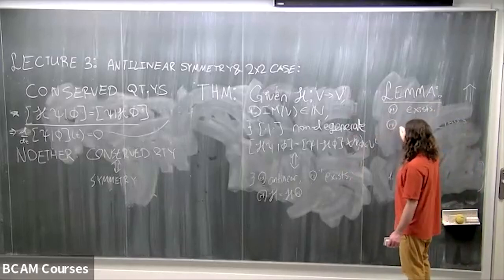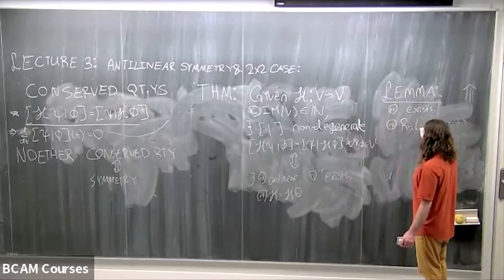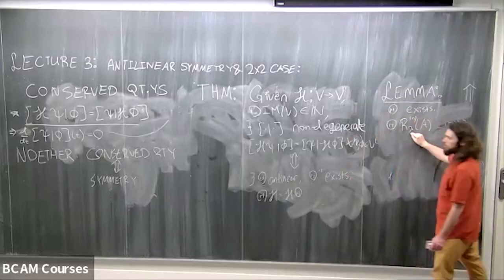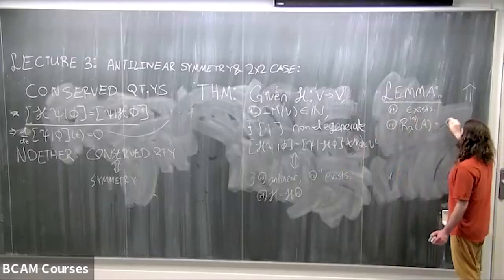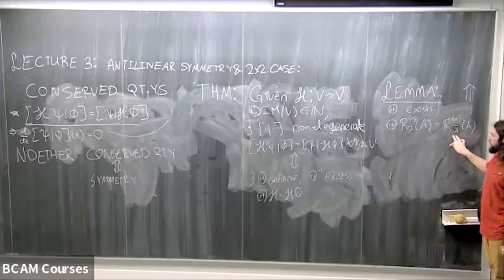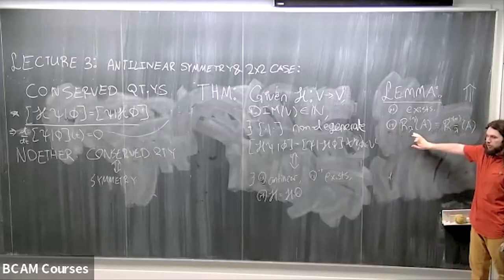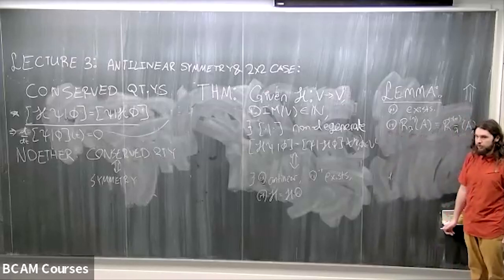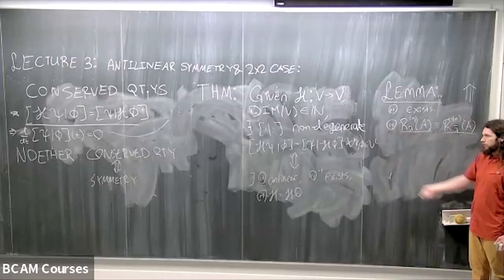Then we will show that theta acting on the root subspace with eigenvalue lambda is in fact equal to the root subspace with eigenvalue lambda bar. So if I can establish this, then this proves the upwards direction because theta is the necessary bijection between the root subspace with eigenvalue lambda and the root subspace with eigenvalue lambda bar. And because such a bijection exists, that implies these have the same dimension. So by the theorem from last time, we get the other stuff.